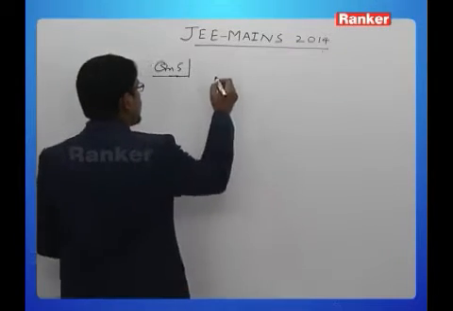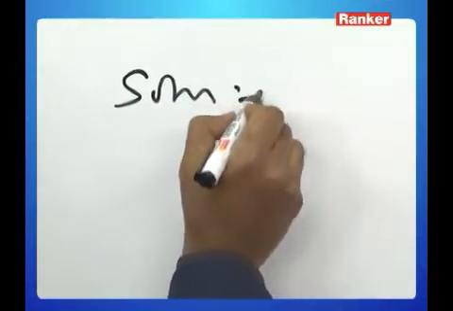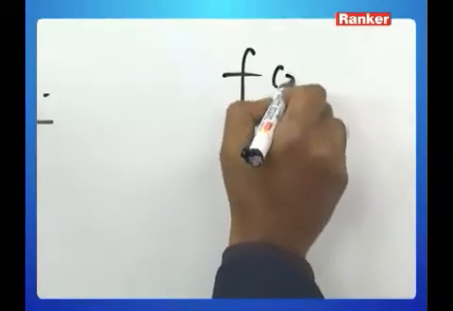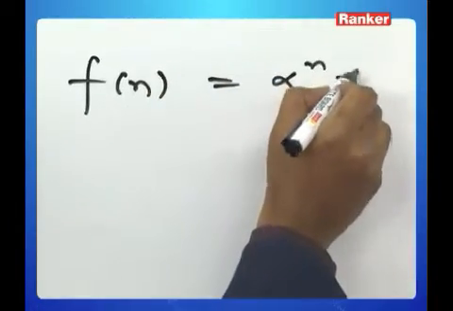So let's have a look at the solution here. f of n is given to be alpha power n plus beta power n.